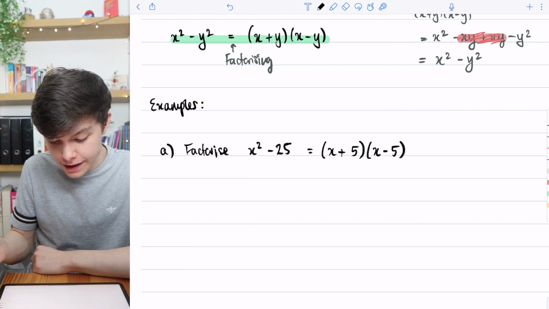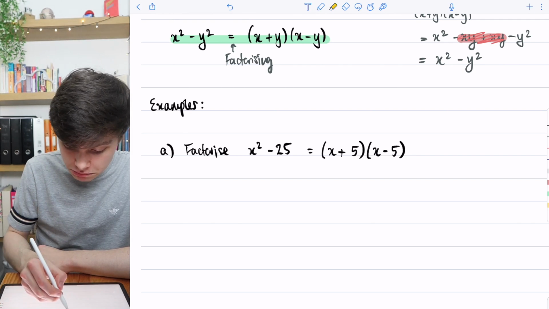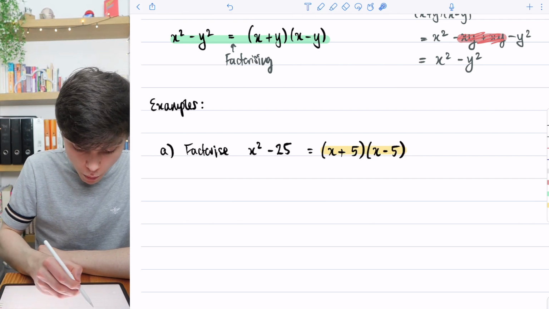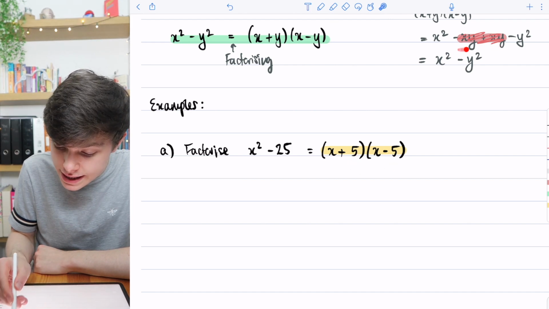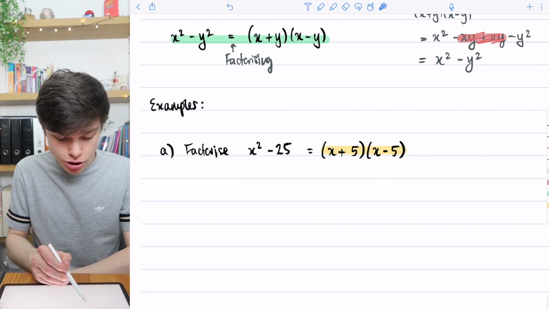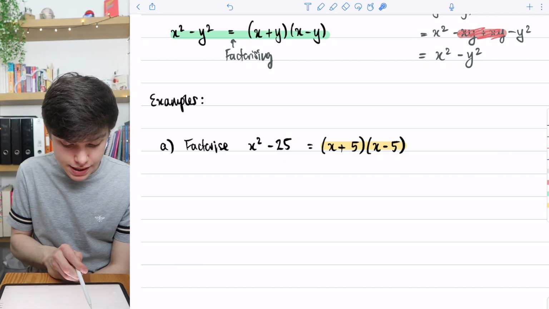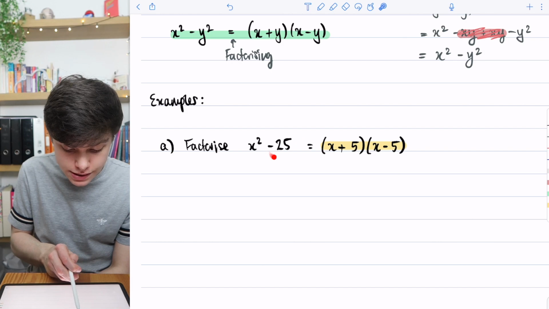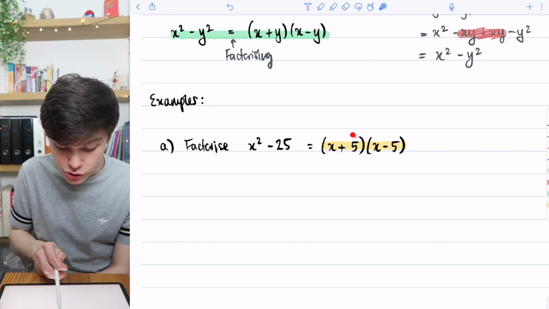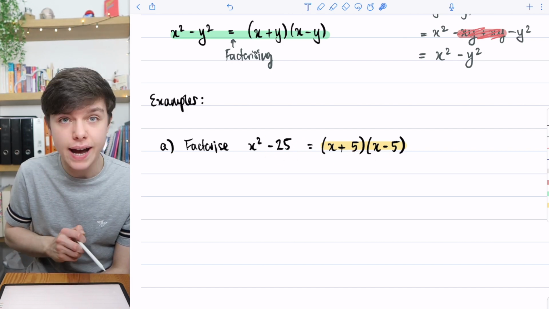And if you were to expand that, that's exactly what we would have here, because the middle term would cancel out just like it did here. So really what we do when we've got a number is we say, well, x squared, we want x and an x, and then minus 25 we will get by square rooting and having different signs.